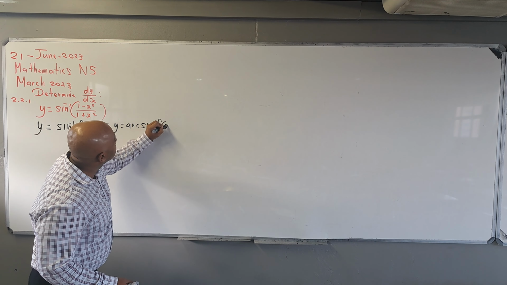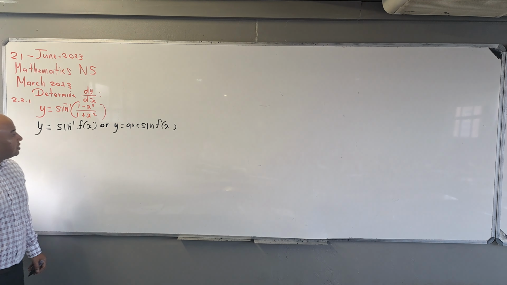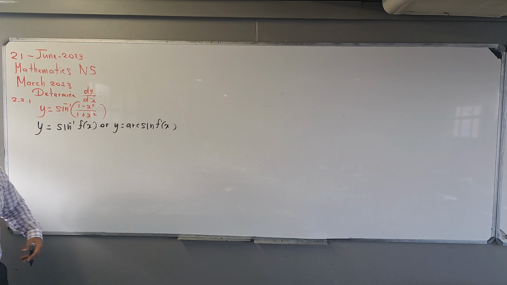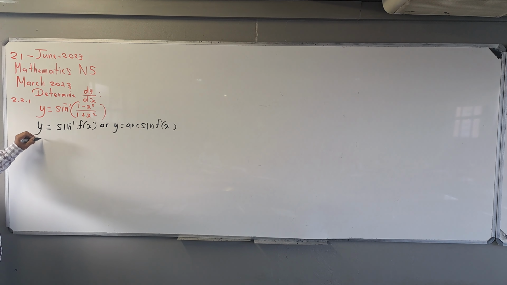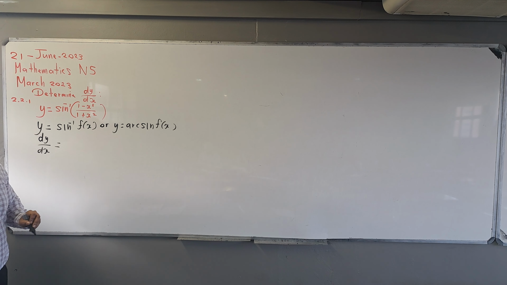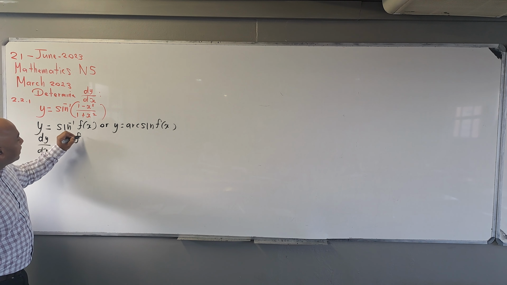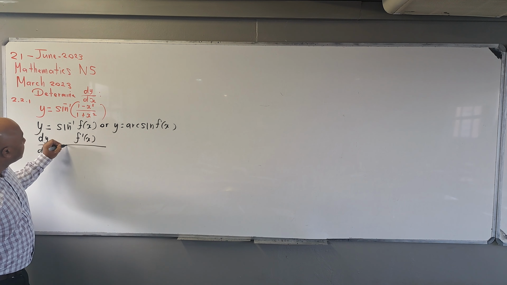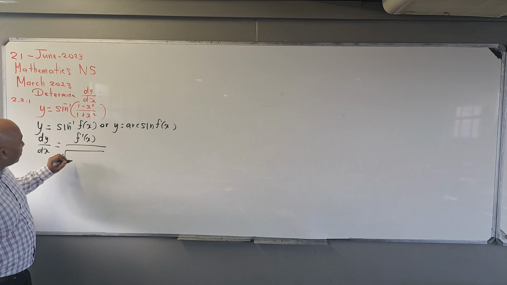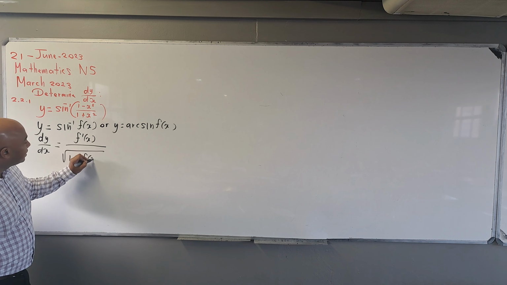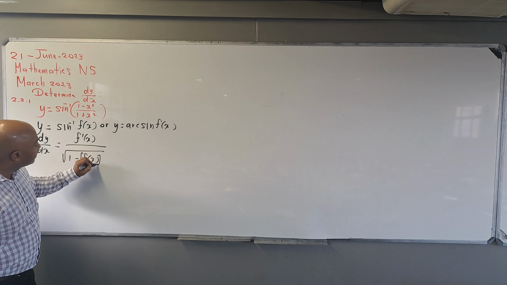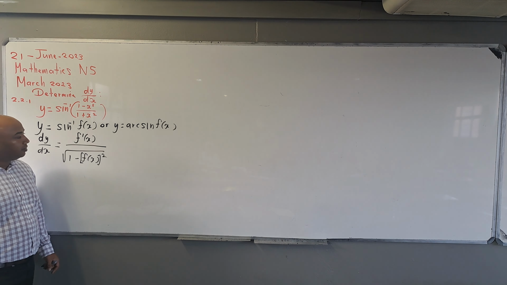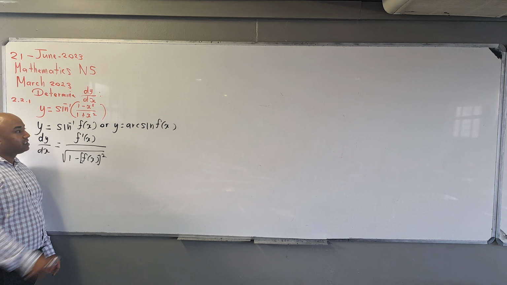So it's that, or y is equal to arc sine f of x. Alright, so now the knowledge required here is the derivative dy over dx, which is going to be f prime x all over the square root of 1 minus f of x all squared. That is the formula for differentiating inverse sine or arc sine.